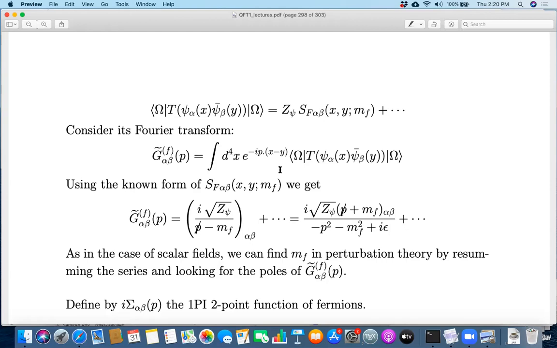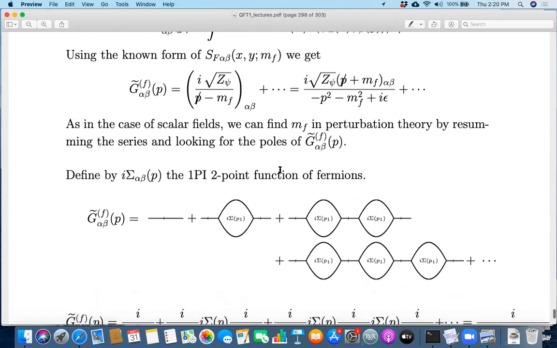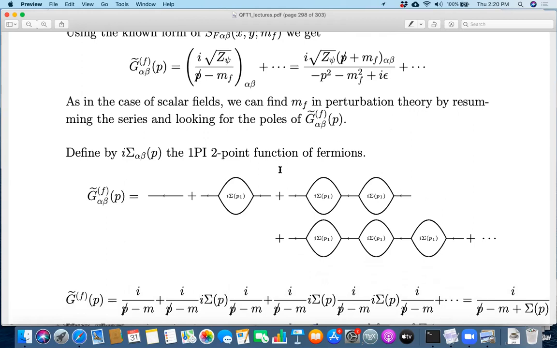Any other question? Okay, so let's see now how to do this resummation, and we'll follow exactly the same procedure that we did for the scalar fields. So G tilde f, the leading contribution is just the single propagator, i over p square minus m square, with a p slash plus m in the numerator.